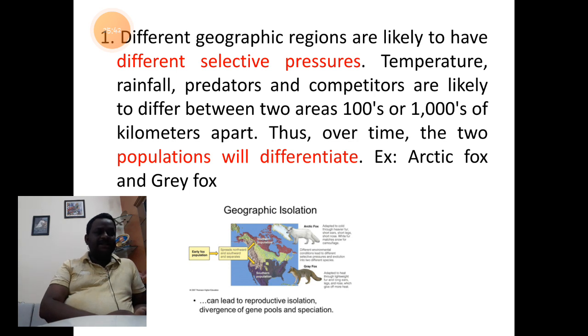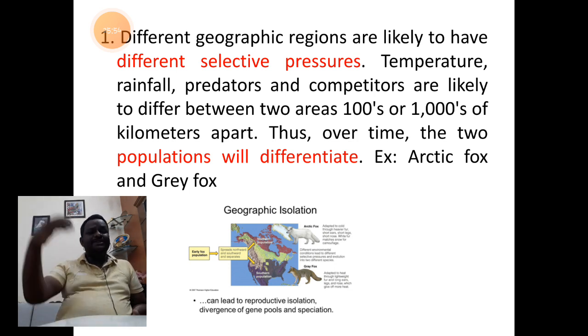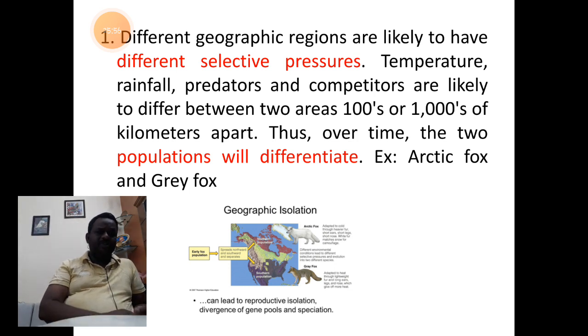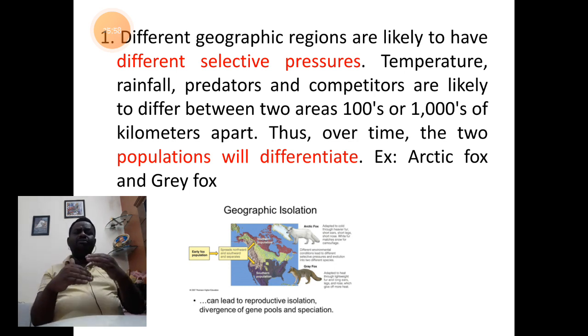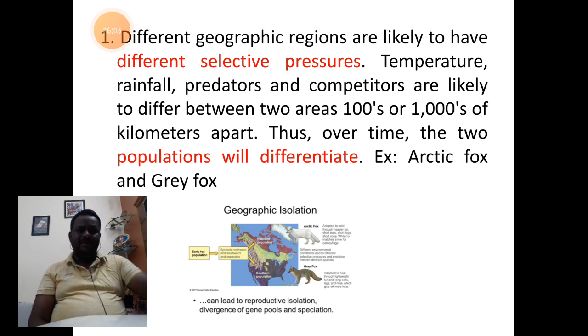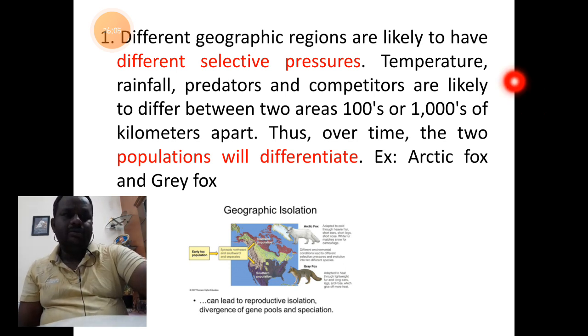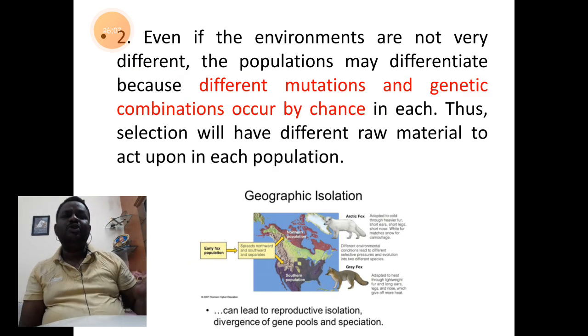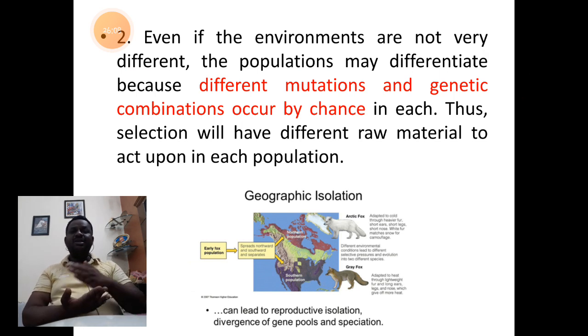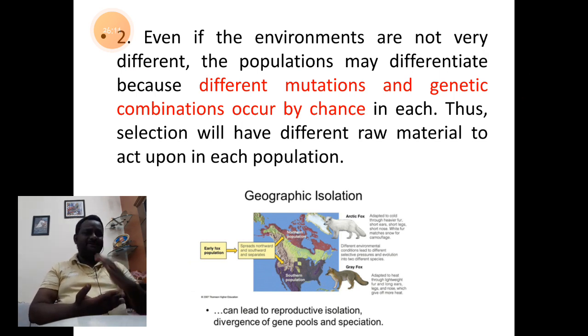An example is the Arctic and grey fox species, which we learned in the previous slide. The temperature is totally different in the two zones, a forest and the Arctic zone. So accordingly, two new species have evolved, leading to the concept of geographical isolation leading to reproductive isolation.